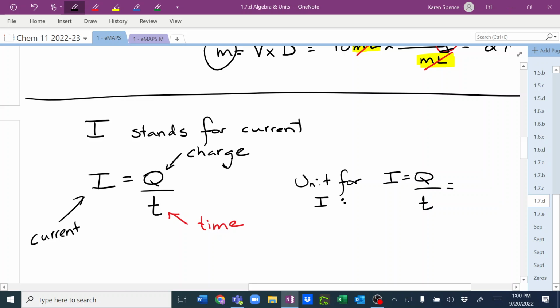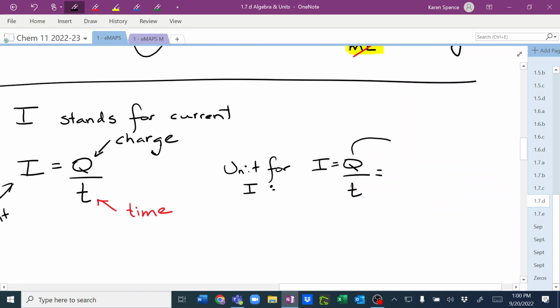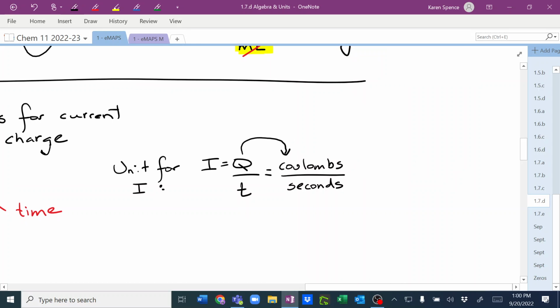So Q is measured in coulombs, and time is measured in seconds. So we have coulombs per second. And I wrote out the whole word there because those might not be familiar words for you, especially Coulomb. But normally we would just write C over S, coulombs per second.